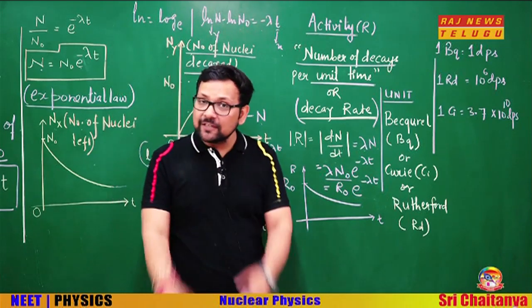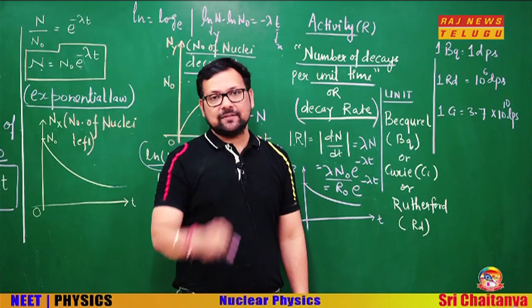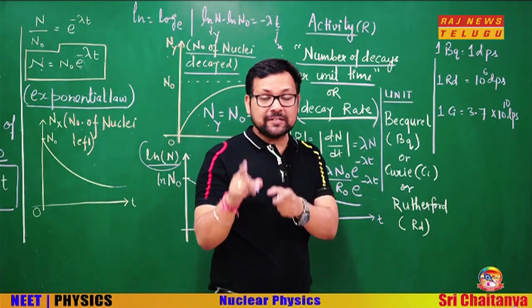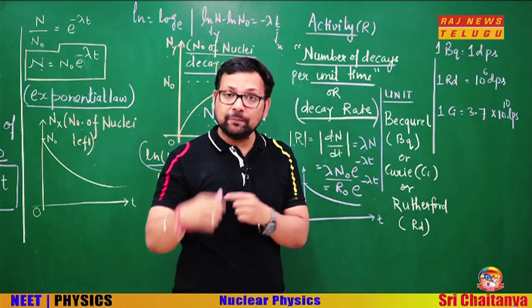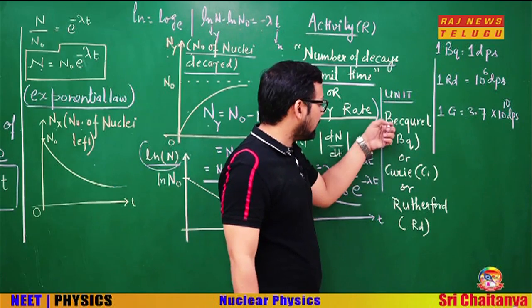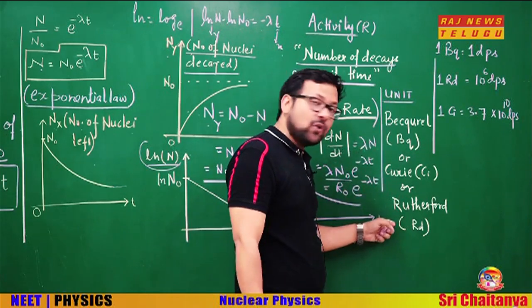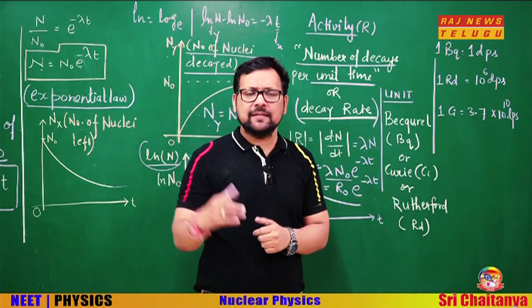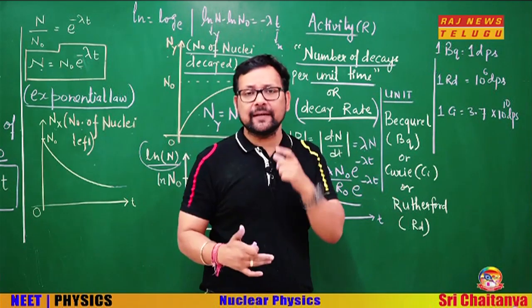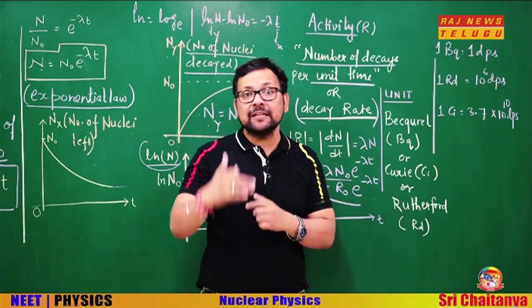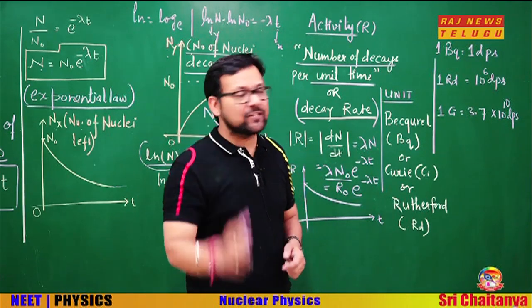One very important thing is the units of activity. You have to memorize these, students, these units are very important, you have to keep on converting in numericals also. The units are becquerel, Curie and Rutherford. The actual unit is dps, disintegration per second, dN by dt, but these three units are related to dps.